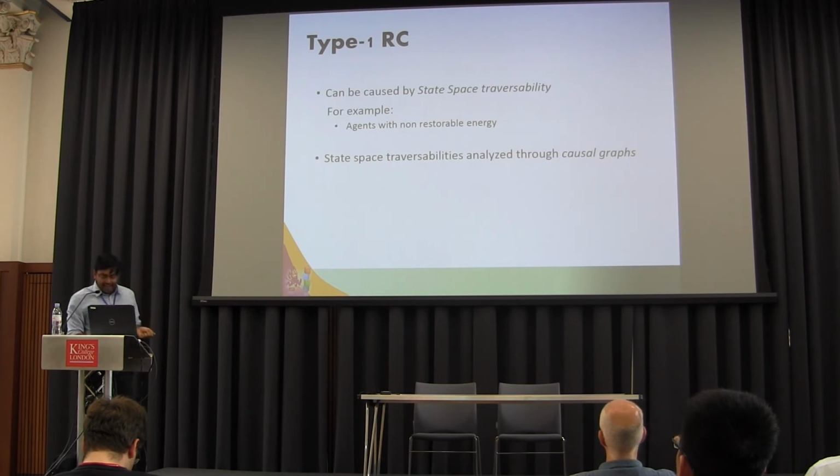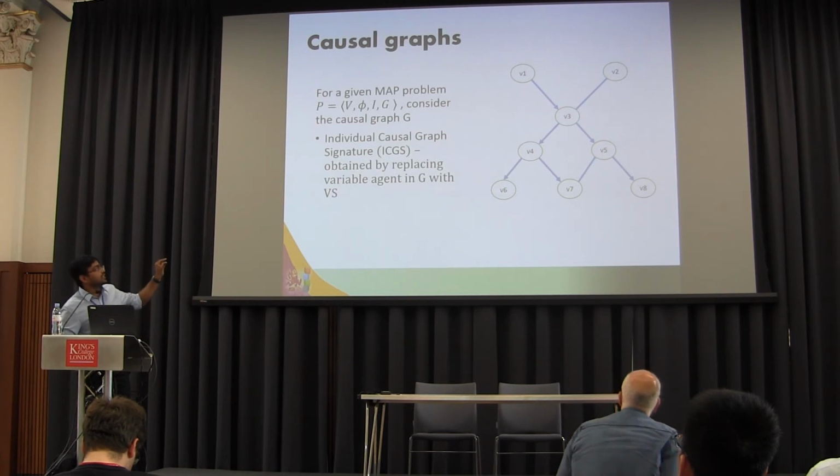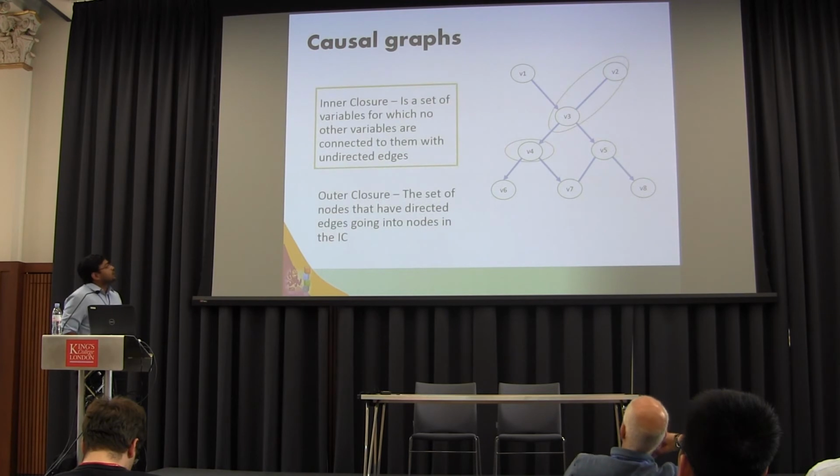We analyze this idea of state space traversability through causal graphs. In fact, we use a variation on causal graphs which we call ICGS, or individual causal graph signature, where we replace agent variables with agent variable signatures. So whenever there are agent variables in the causal graph, we replace them with variable signatures. We now define two new concepts, inner closure and outer closure.